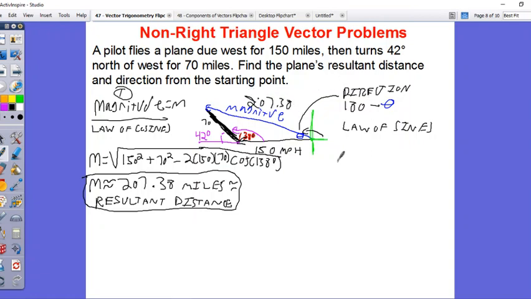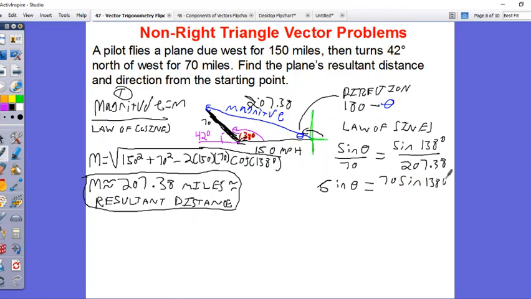We can say that the sine of theta over 70 is equal to the sine of 138 degrees over 207.38. Isolate sine of theta. The sine of theta is equal to 70 times the sine of 138 degrees over 207.38.